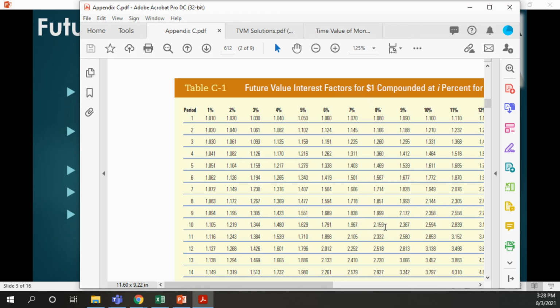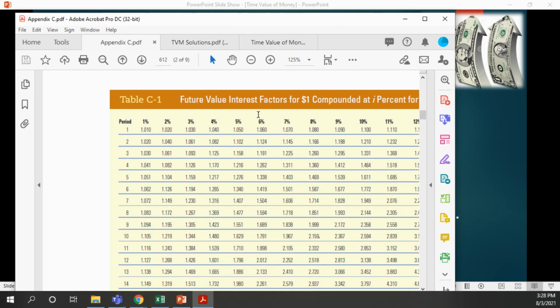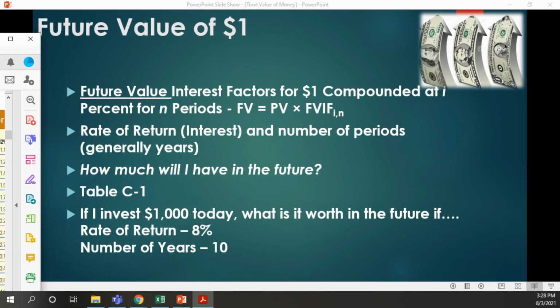8% for 10 years is 2.159 on my table. 2.159, 8% for 10 years. So after 10 years, my investment of $1,000 would be 1,000 times 2.159, or if you just play the game with the decimals, I would have $2,159 in my account after that period of time.